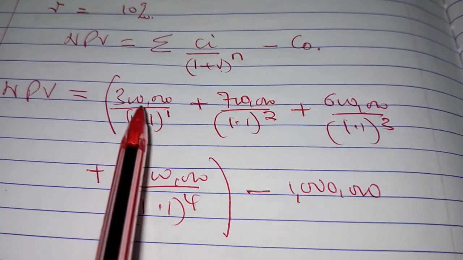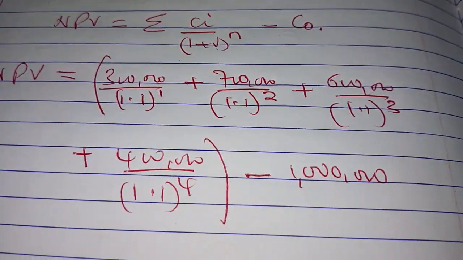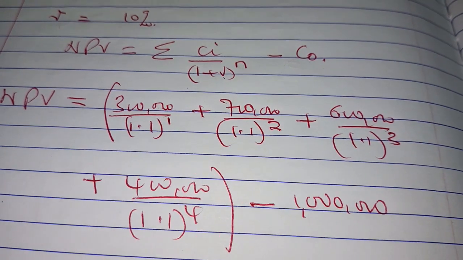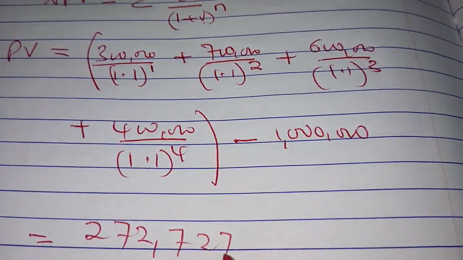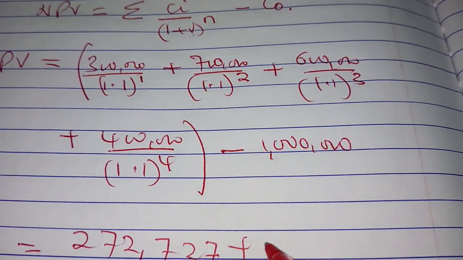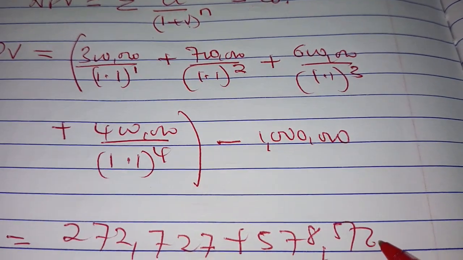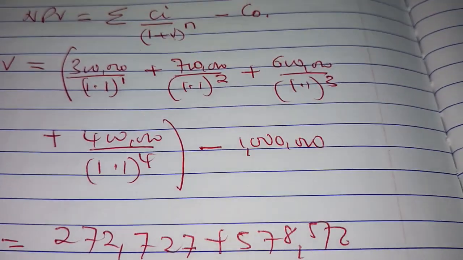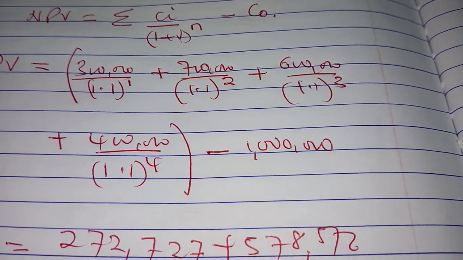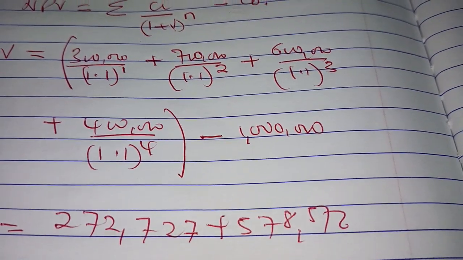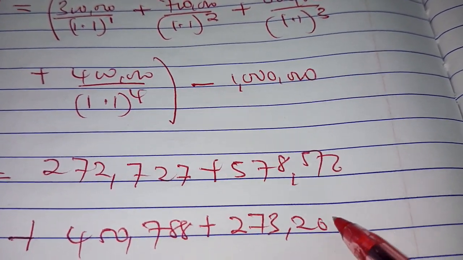Now, punching using the calculator to get this value, we're going to find the first one will be 272,727, and then you add the second one, which will be 578,572, and then you add the third one as 450,788, and then we add the last one as 273,205.